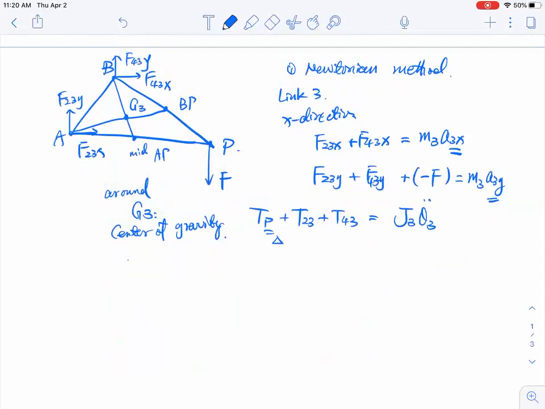Mathematically, you can calculate your G3. That means if your coordinate for A is AX, AY, the coordinate for the P point is PX, PY, and for B it's BX, BY, then your G3 is going to have a coordinate of this.